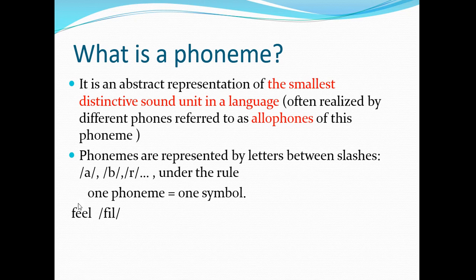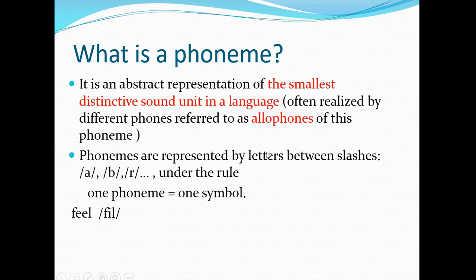We have this word here in this example, feel. You can see that the transcription of this word is this one, right? Feel. Okay, so how many phonemes do we have in this word? We have 3 phonemes. We have the phoneme f, we have the phoneme e, and also the l, okay? 3 phonemes in this word.